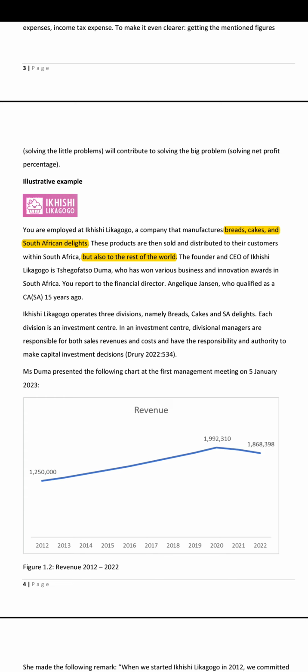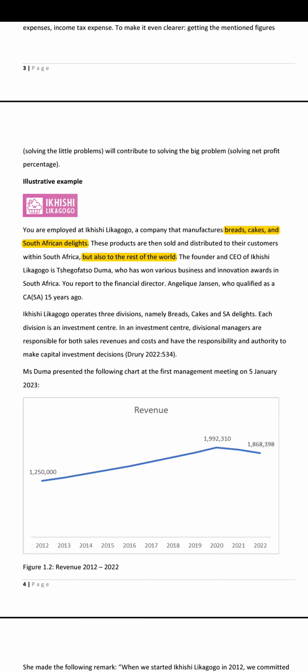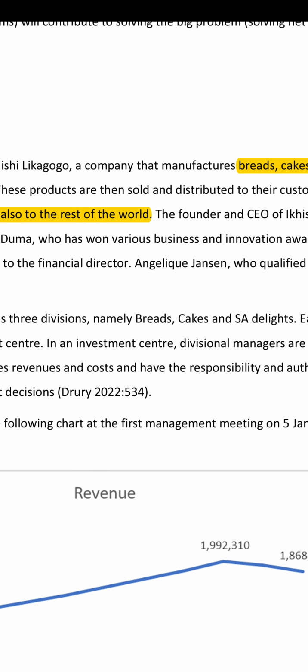So the company, I'm not going to even try and pronounce that again, so I'm just going to refer to it as the company, operates three divisions, namely breads, cakes, and SA Delights, right? So again, zoom in and highlight that.